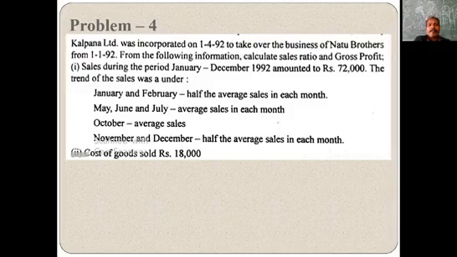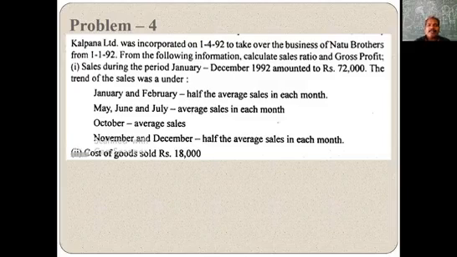Right. Then problem number 4. Kalpana Limited was incorporated on 1/4/1992 to take over the business of Nattu Brothers from 1/1/92. From the following information, calculate sales ratio and gross profit. Point number 1, sales during the period January to December 1992 amounted to rupees 72,000.